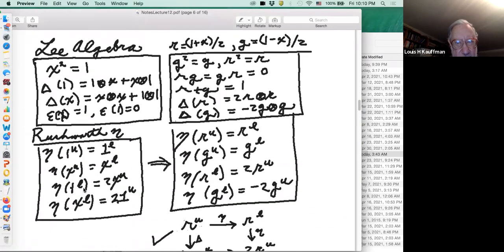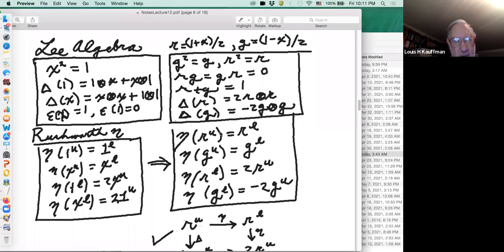And so what we end up with, in the old Lie algebra format, is this nice collection of relations. If we let R be (1 plus x)/2 and G be (1 minus x)/2, then we get the Frobenius algebra description over here like this.